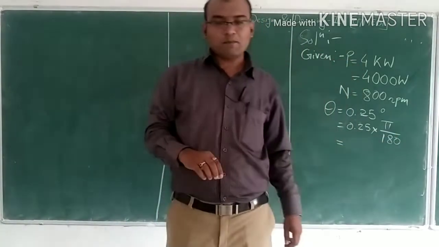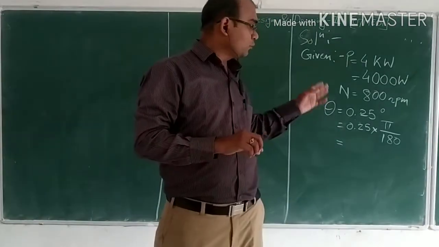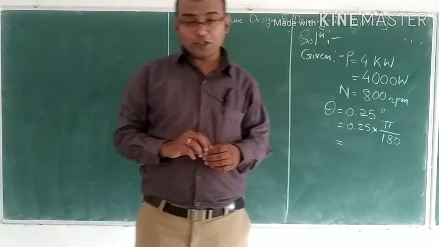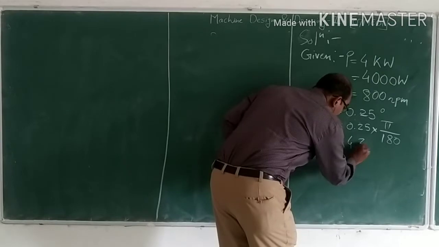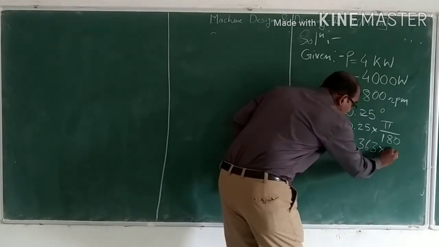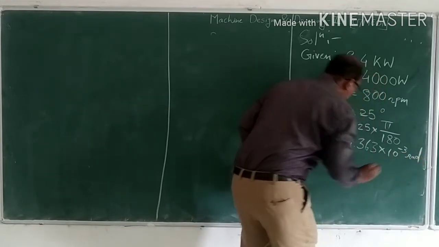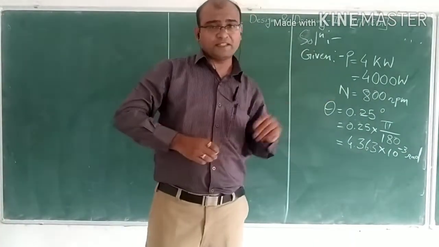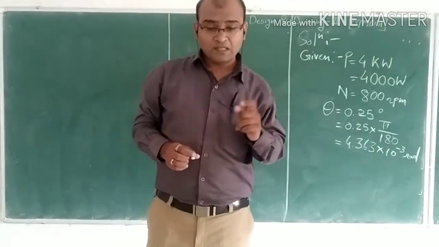The value of 0.25 into pi by 180 is 4.363 into 10 to the power minus 3. At that time, we convert theta to radian. So theta is 4.363 into 10 to the power minus 3 radian.